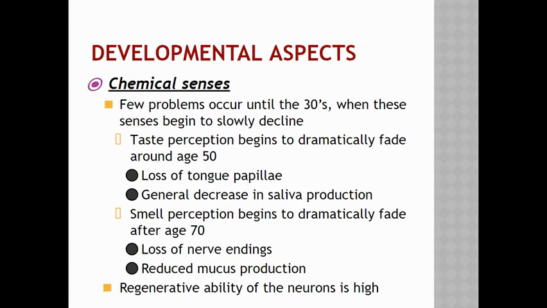Taste perception dramatically fades around age 50, and that's due to a loss of tongue papillae, as well as a general decrease in saliva production. Smell perception dramatically fades after age 70, and that's due to a loss of nerve endings in the olfactory epithelium and reduced mucus production.